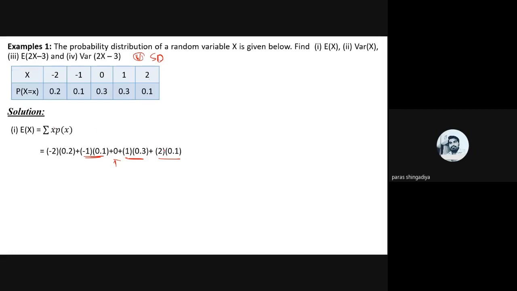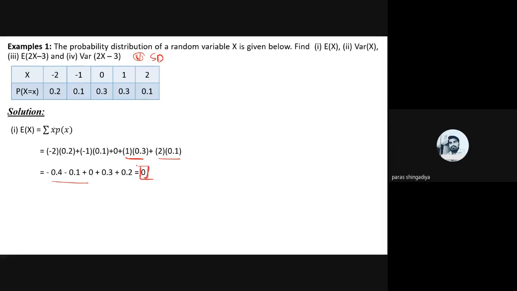Now find the product of each one, and then find the total. The product: you will get minus 0.4 for the first term, minus 0.1 for the second term, the third term will be 0, the fourth term 1 into 0.3 is 0.3, and 2 into 0.1 is 0.2. The total of this you will get 0.